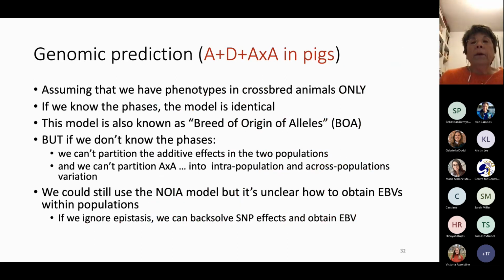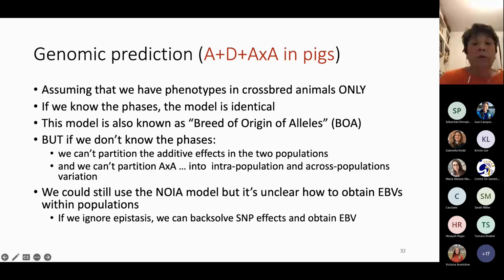Okay, what happens if instead of having crops, maize, we have pigs? In maize, the phenotypes are in the hybrids. So assuming that we have phenotypes in crossbred animals only. If we know the phases, the model is identical. This model is also known as breed of origin of alleles, the name is BOA.